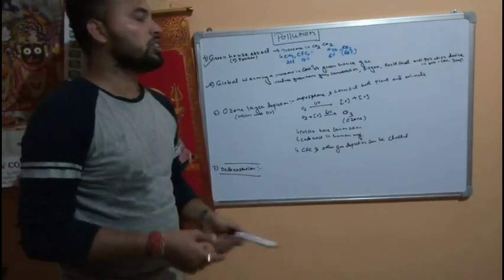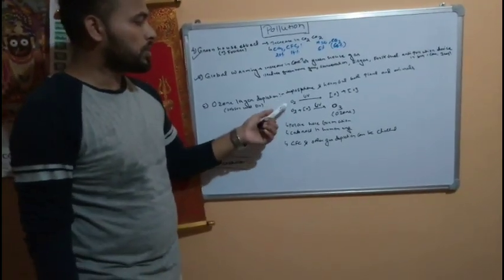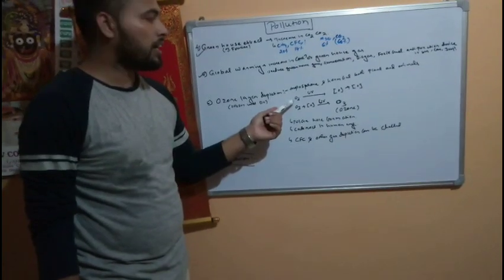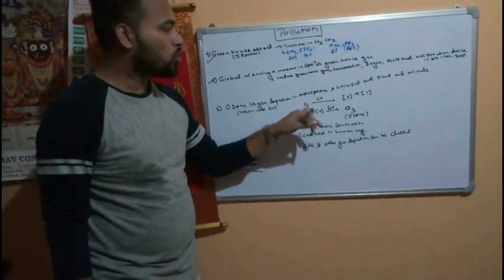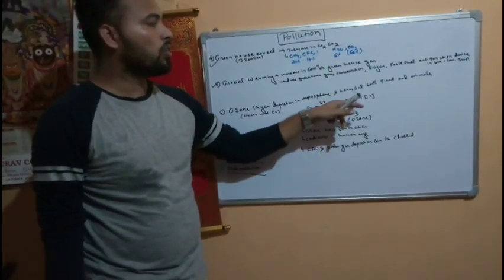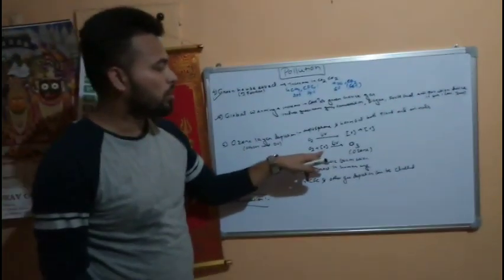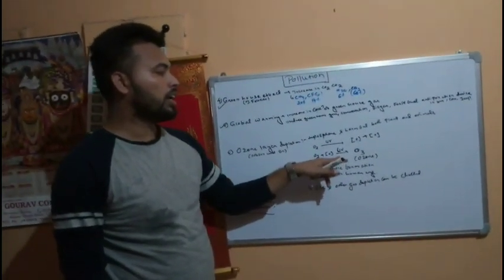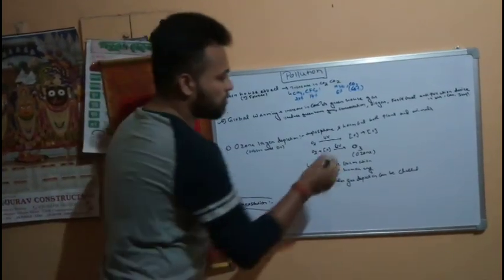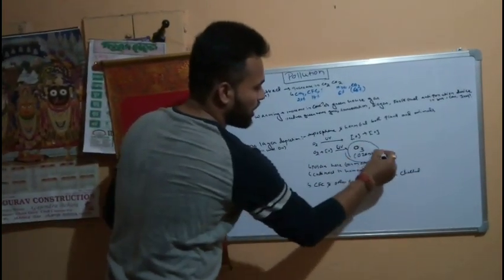To know how ozone is formed: if ultraviolet rays pass through oxygen gas, it forms nascent oxygen. Then oxygen gas combines with the nascent form in the ultraviolet ray, and the ozone layer is formed, which is known as O3.